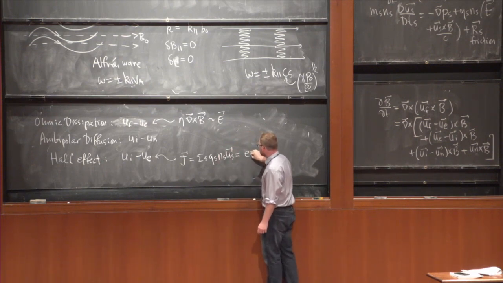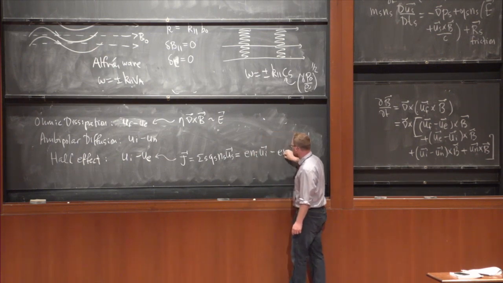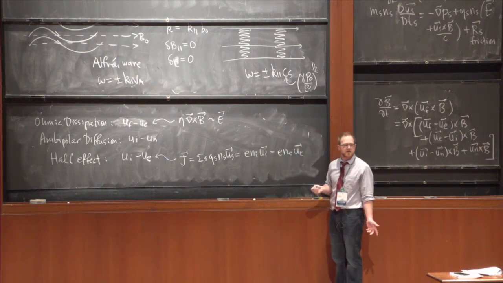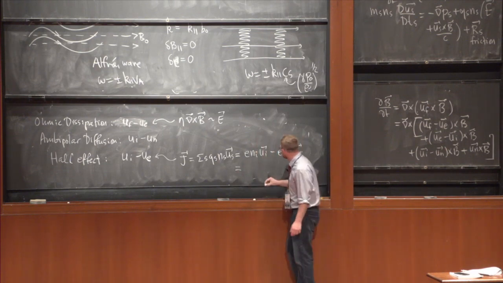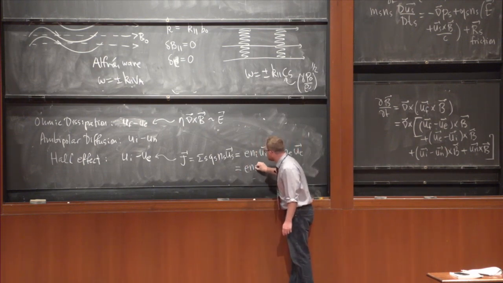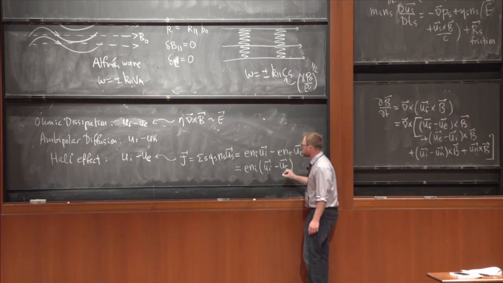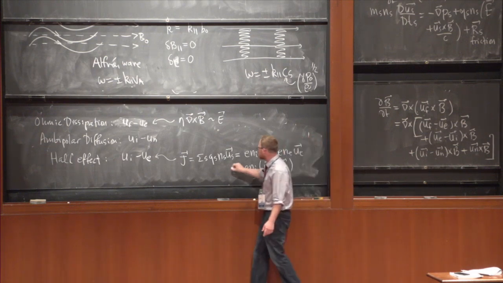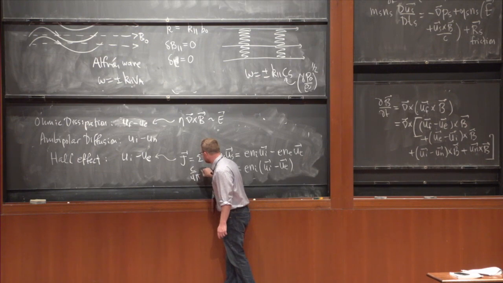And so this is just that if I only had ions and electrons. And if I have a neutral plasma, that means that these charges have to be the same. And so you know what the difference between the ions and electrons velocity is. It's just J. And we know that J is just curl of B.